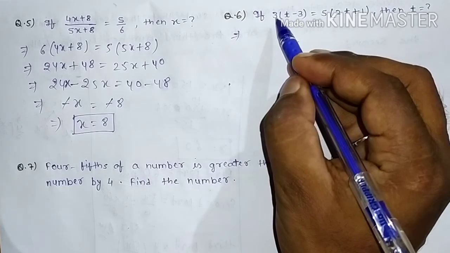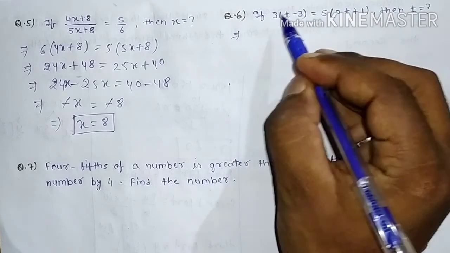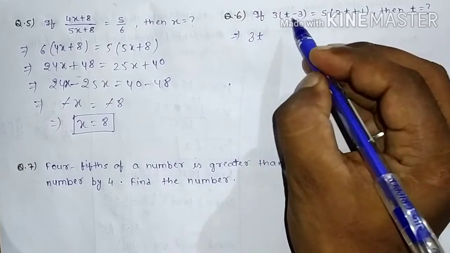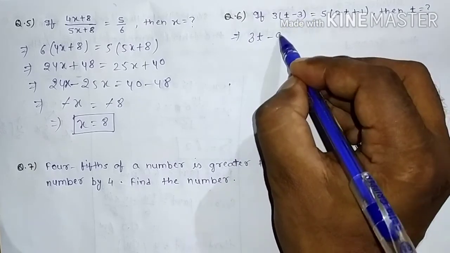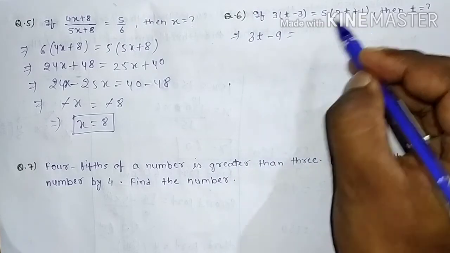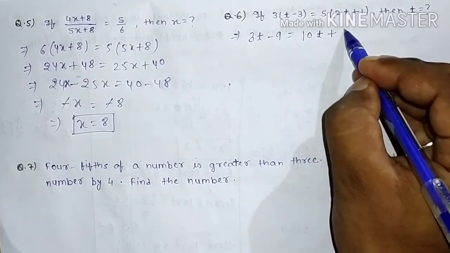First 3 is multiplied to t, then 3 is multiplied to minus 3. So this is 3 into t, that is 3t, and 3 into minus 3, that is minus 9, equals 5 twos are 10, so 10t, and 5 ones are 5, that means plus 5.